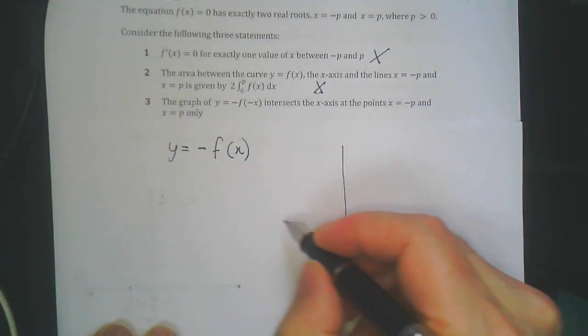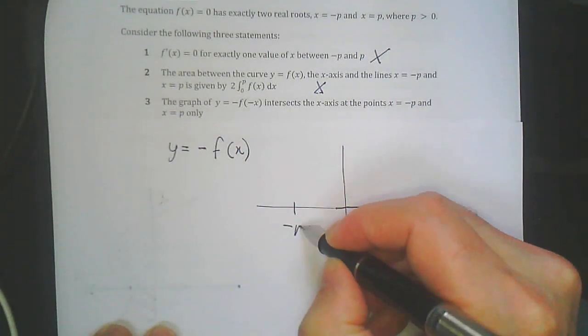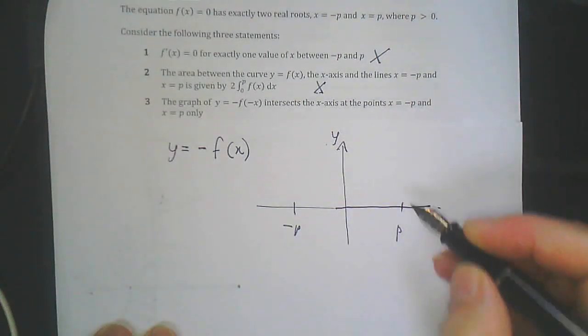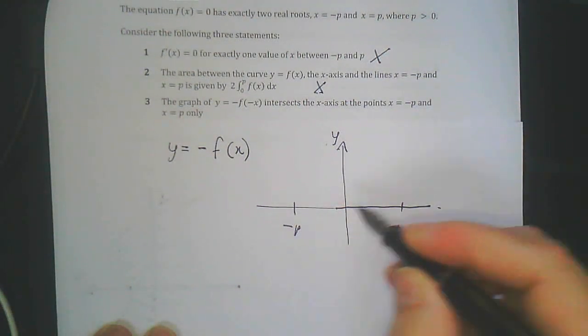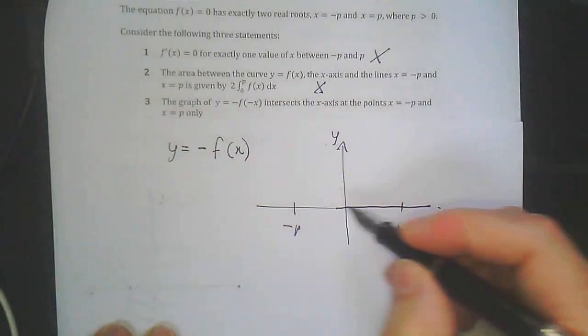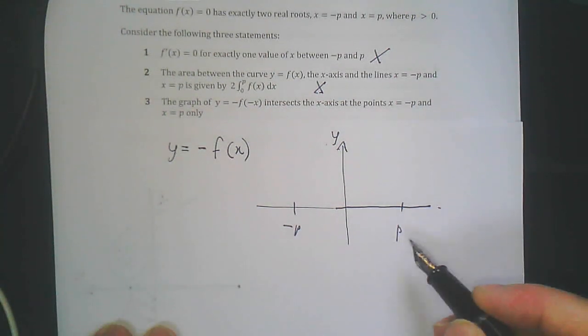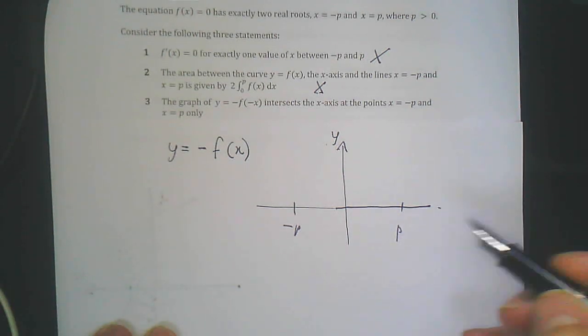So if we had points here, minus p and p, and we reflected them in the y-axis, they would swap over, and p would go to minus p and minus p would go to p. So they would still end up with the two roots being in the opposite positions, but they would be the same roots.